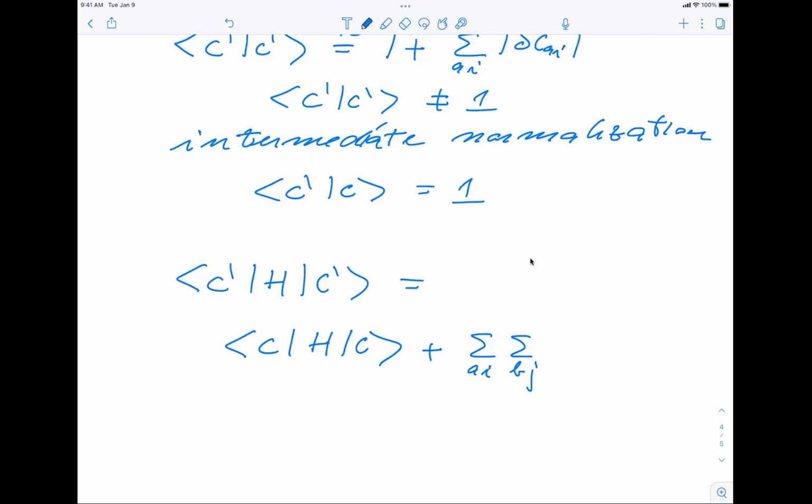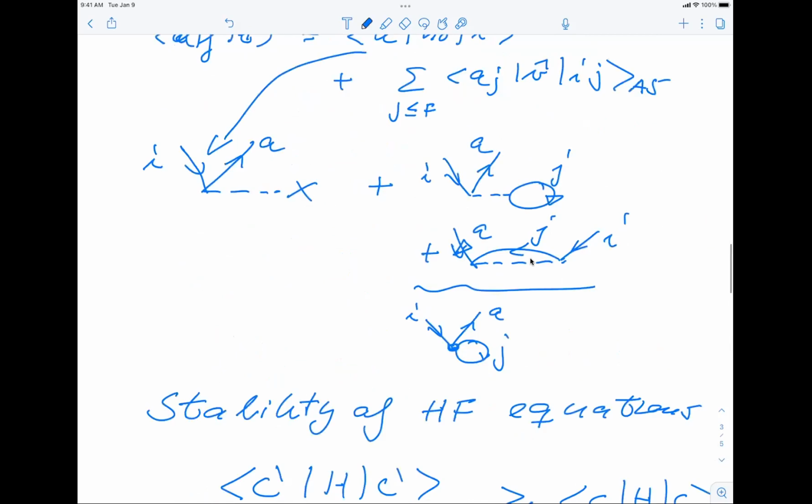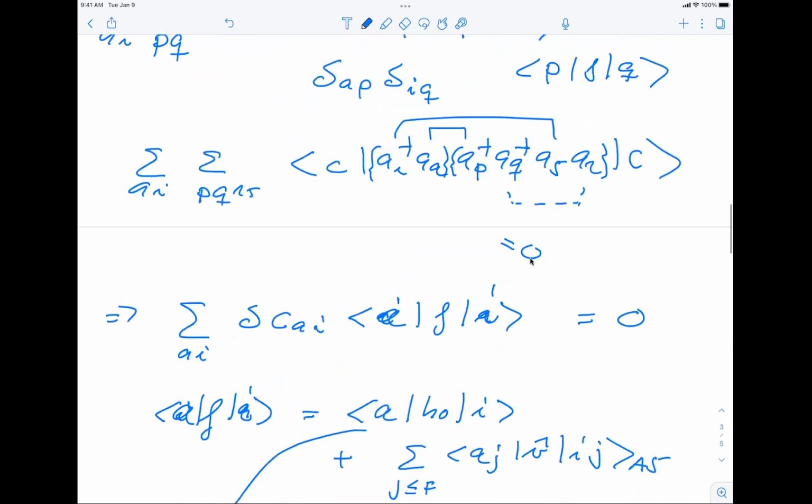And then we are going to get a term which goes like delta C of AI complex conjugate. Remember that I'm not putting in the terms which contain only one delta, because with the Hartree-Fock approximation, we have actually shown that that term is equal to 0.